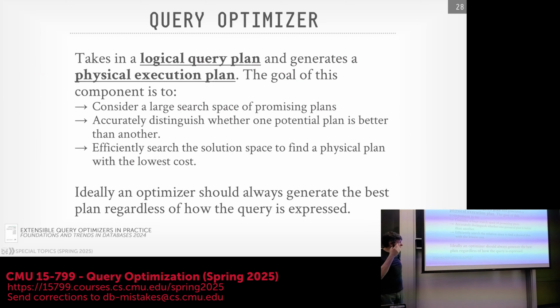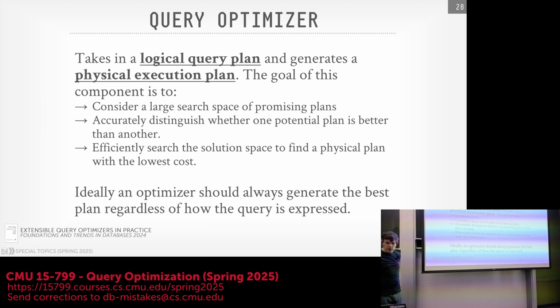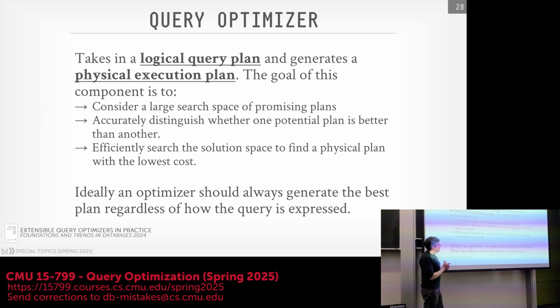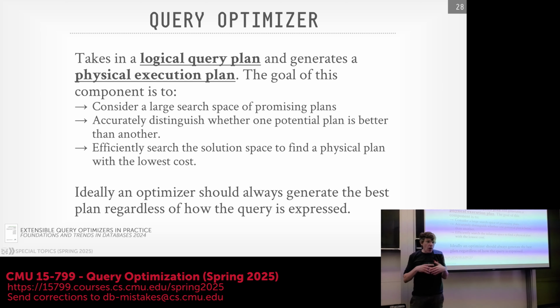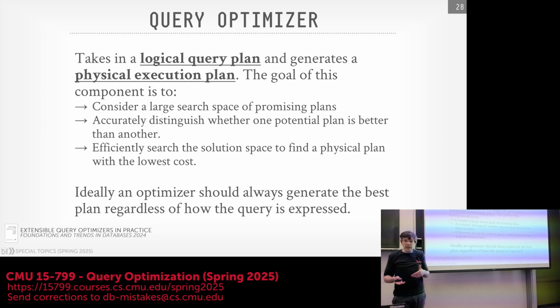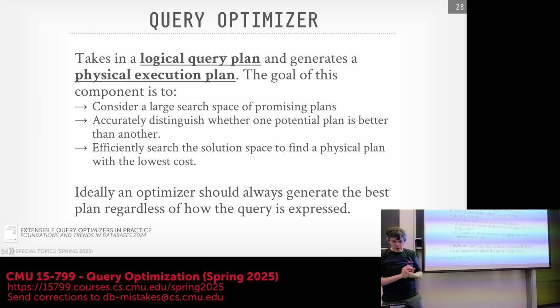Again, this is repeating what I just said, but the idea is that we're going to take a logical query plan that's going to come from the binder, and then we want to convert this into a physical execution plan. And our optimizer, we want to design it such that we can consider a large space of possible query plans we could execute that are semantically equivalent to the logical plan we were originally given.